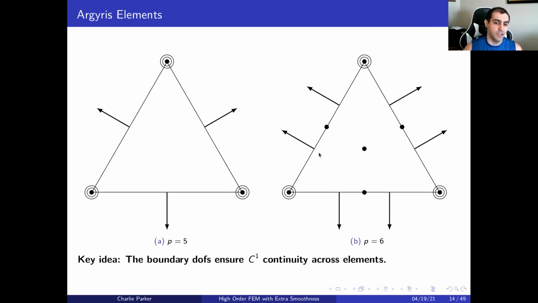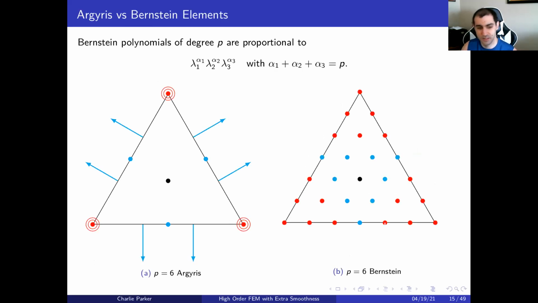Okay, so the key idea behind these Argyris elements is that it's only the boundary degrees of freedom that ensure this C1 continuity across elements. This has a nice correspondence with Bernstein polynomials. Bernstein polynomials are proportional to the barycentric coordinates multiplied together with the exponents summing to p, and they can be associated with a point in the triangle, which is the maximum of the function.